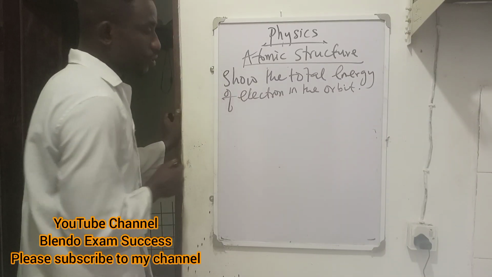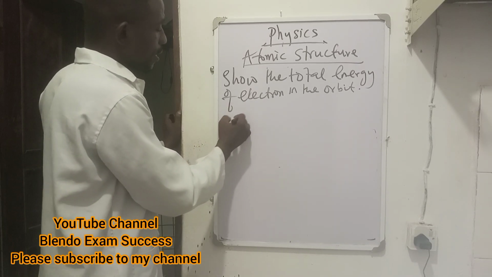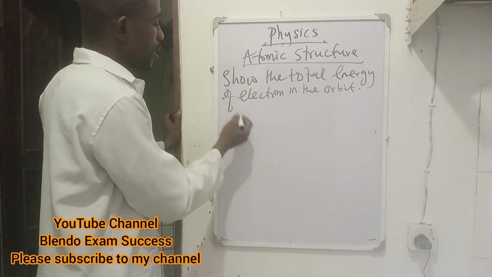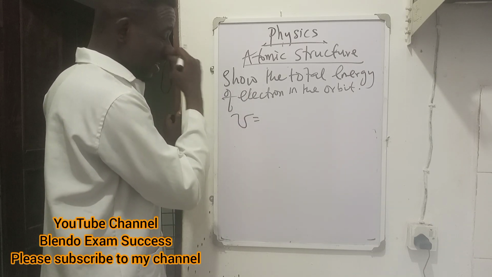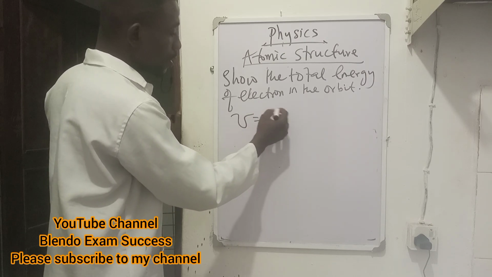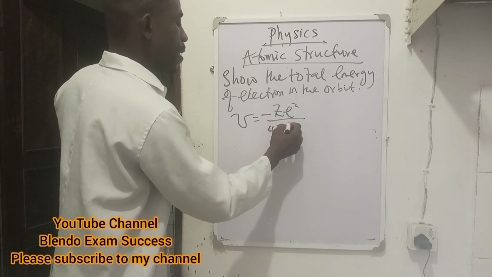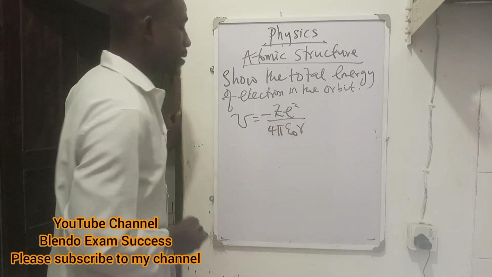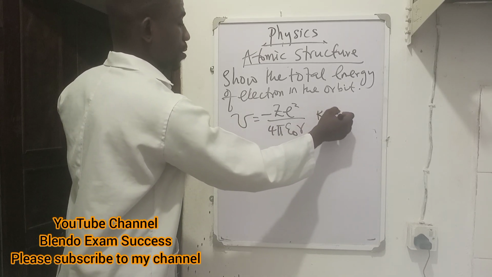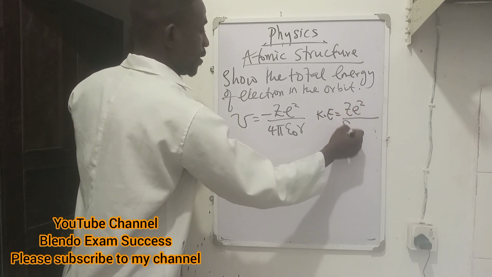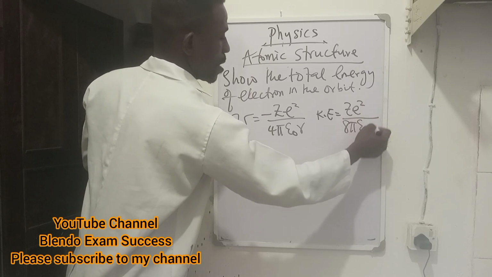So the kinetic energy of the electron is equal to Ze squared over 8 pi epsilon naught r, according to Niels Bohr. So to show the total energy of electron in the orbit, first we talk about the kinetic energy. Kinetic energy has been proved. Then potential energy. Potential energy is equal to negative Ze squared over 4 pi epsilon naught r. So this is potential energy, and kinetic energy is Ze squared over 8 pi epsilon naught r.